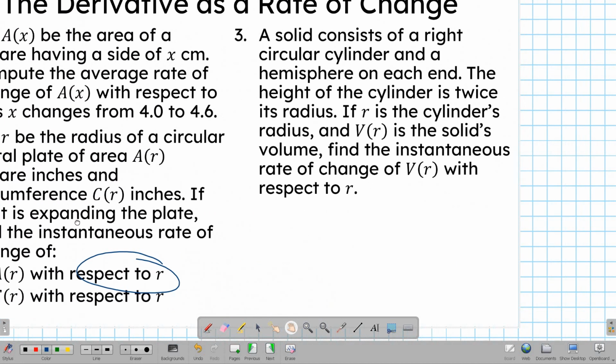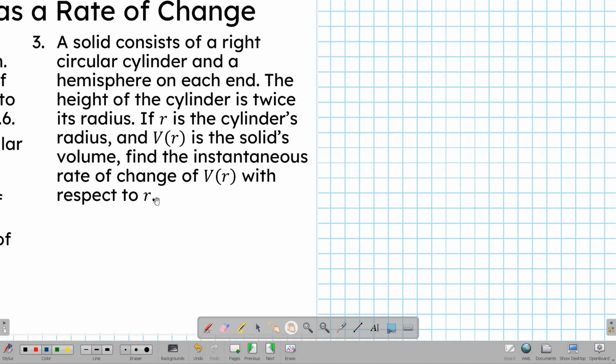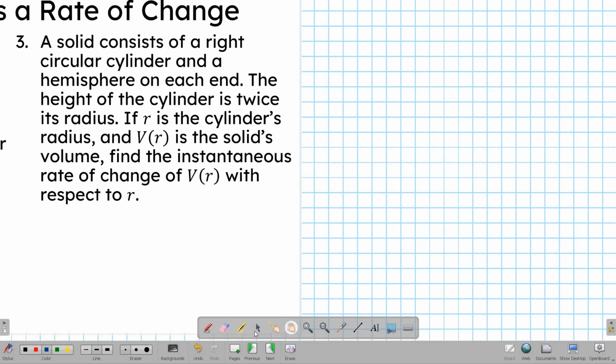Let's now go to number 3. In number 3, we have a solid that consists of a right circular cylinder and a hemisphere on each end. The height of the cylinder is twice its radius. If R is the cylinder's radius and V of R is the solid's volume, find the instantaneous rate of change of the volume with respect to R. So, we have a circular cylinder with hemispheres on each end.